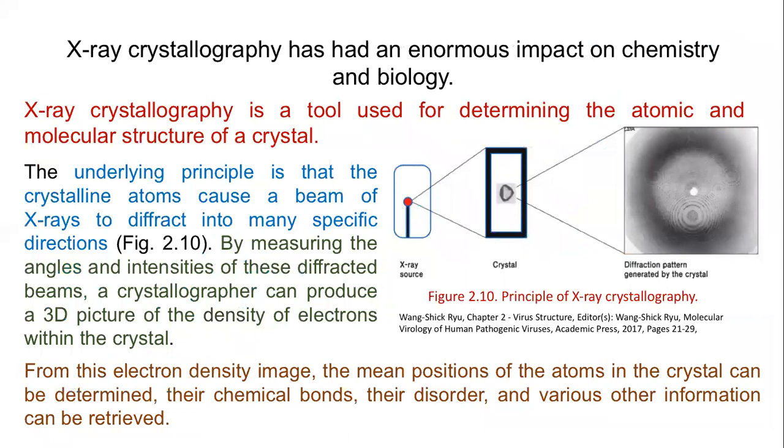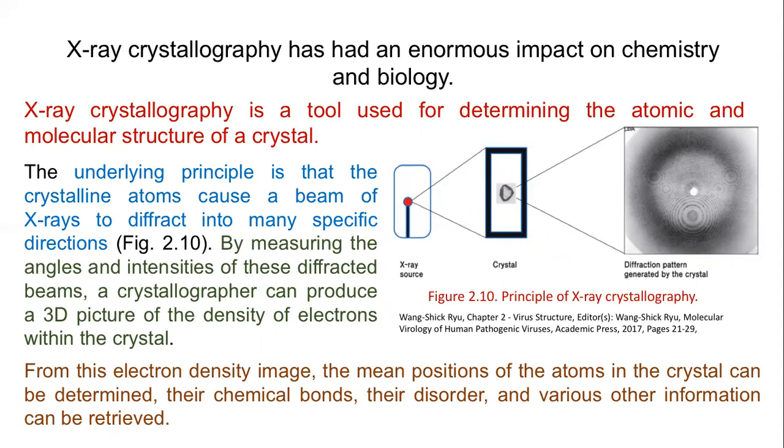So this is again the principle. This picture shows the principle of X-ray crystallography, and the underlying principle, as I already told, is that the atoms in a crystal can cause a beam of X-rays to diffract in specific directions, and by looking at the angle and the intensity of the diffracted beam, the crystallographer produces a 3D picture of the density of electrons within the crystal.